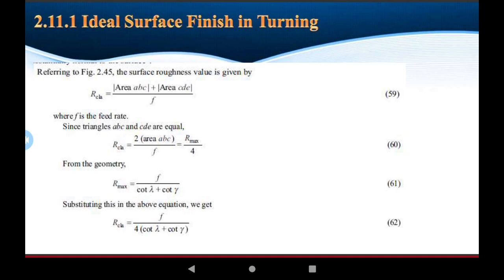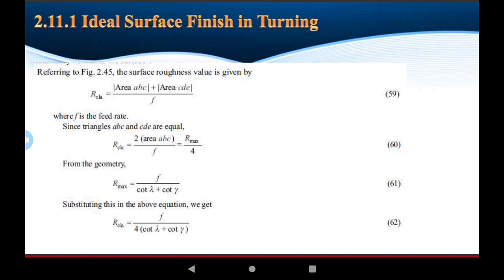Since the areas ABC and CDE are equal, both in length and area, R equals area ABC upon F.